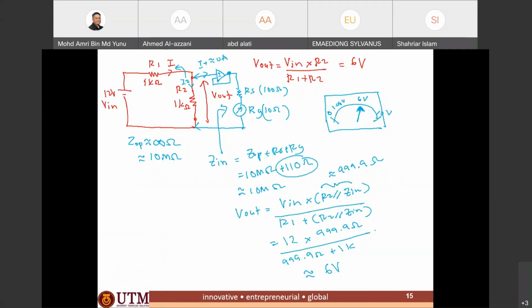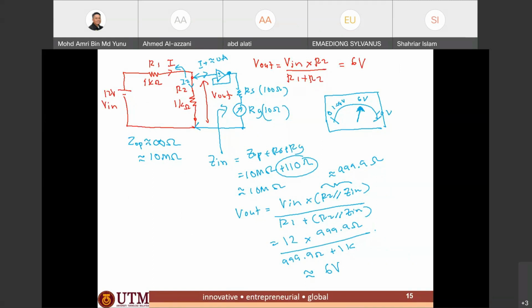So in many cases, you may find that when you put a load, you have an input, and then you put a load, and you see a significant voltage drop.